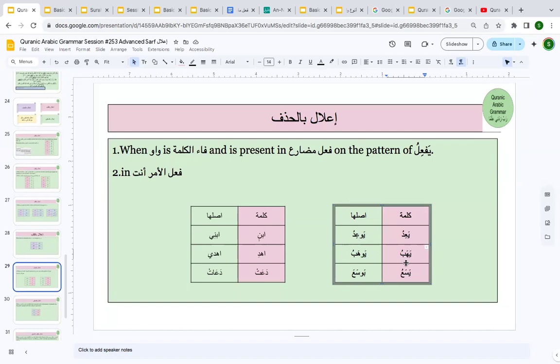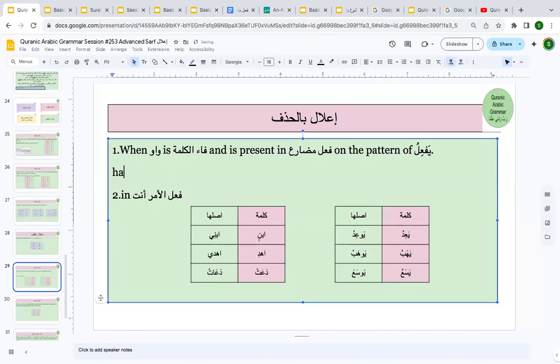But what happened in the words yahabu, yasa'u? Here, the fail is not on the pattern of yohibu. It is yohabu. It is yosa'u. Why is waw dropped from these words? What can be the reason? Yes, so I'm going to add here haruf al halqiya.